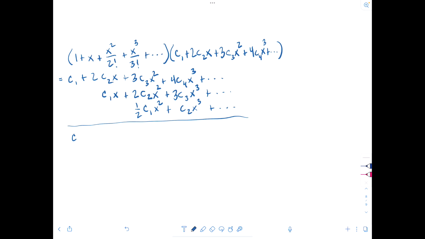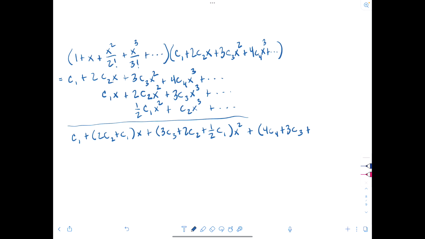So we'll have c1 plus, factoring out an x to the right, 2c2 plus c1, all of that times x, plus 3c3 plus 2c2 plus 1/2 c1 times x squared, and then plus 4c4 plus 3c3 plus c2 all times x cubed. Cool so far?